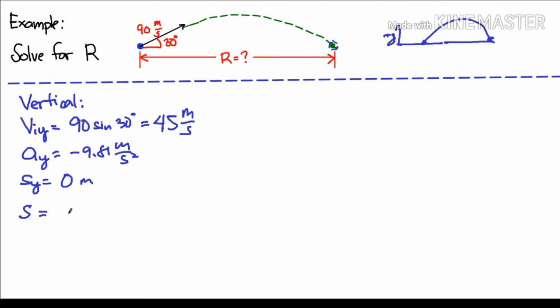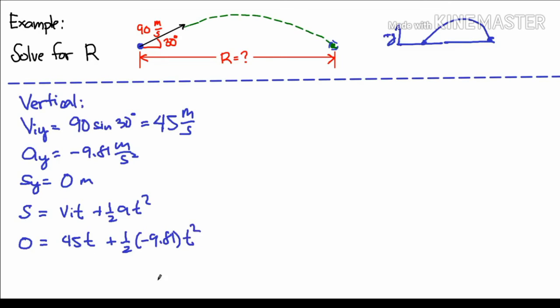From the equation, S is equal to Vi t plus 1/2 a t squared. So that's 0 equals 45 times t plus 1/2 of negative 9.8 times t squared.